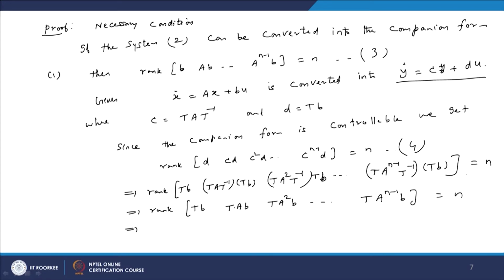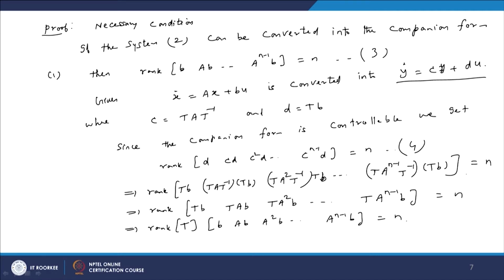Now, T is the common n cross n matrix on the left side of all the products. So, we will get that the rank of the matrix T multiplied by the remaining matrix B, AB, A squared B, A power n minus 1 B is equal to n.